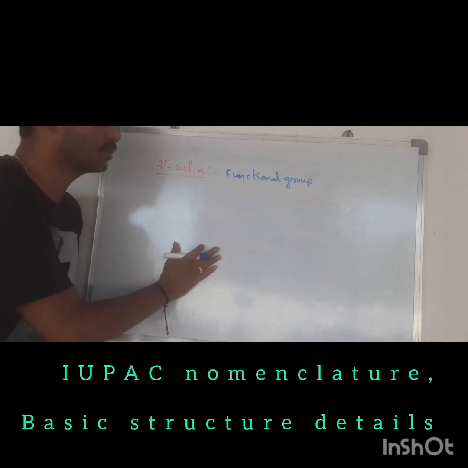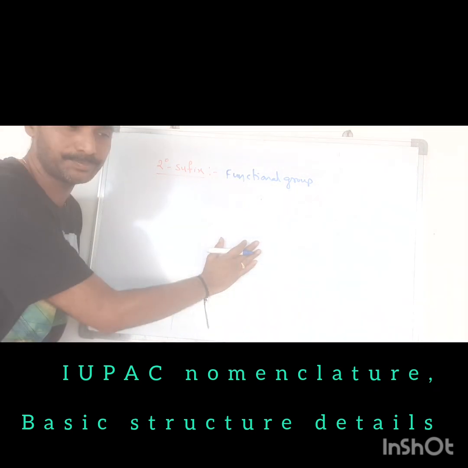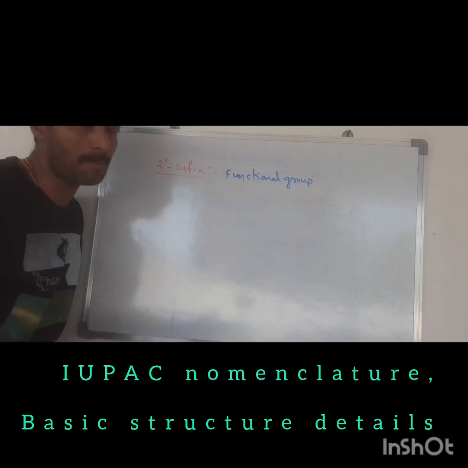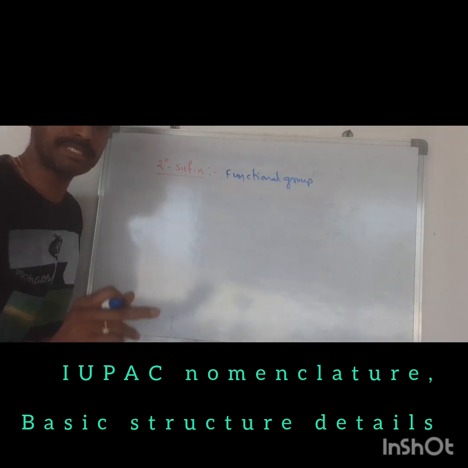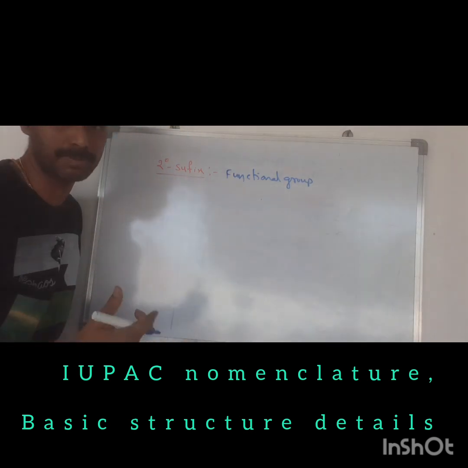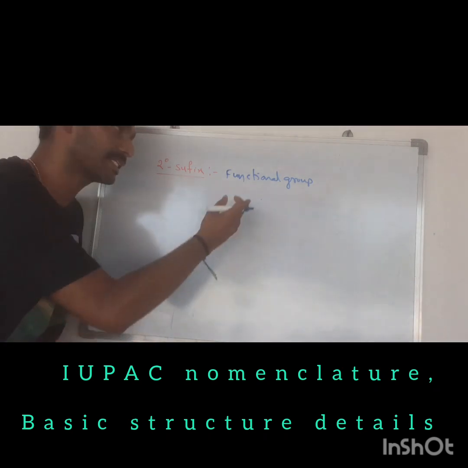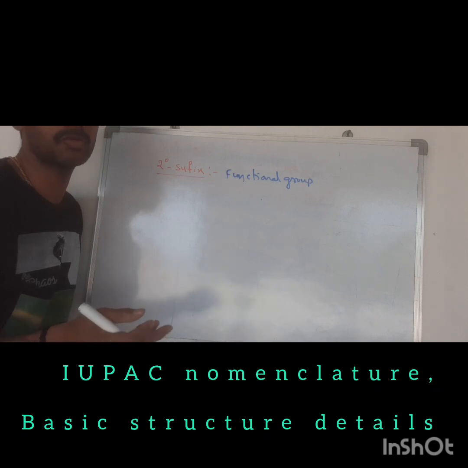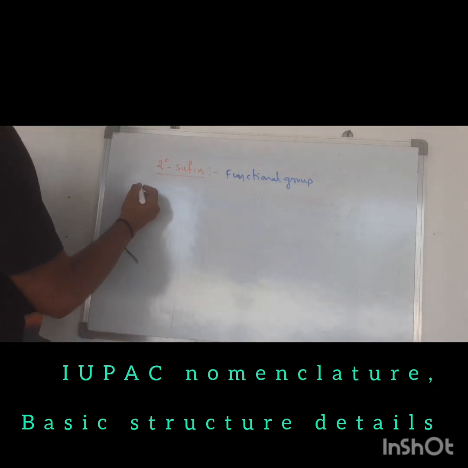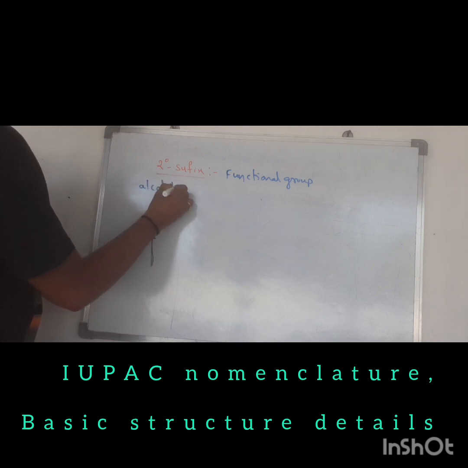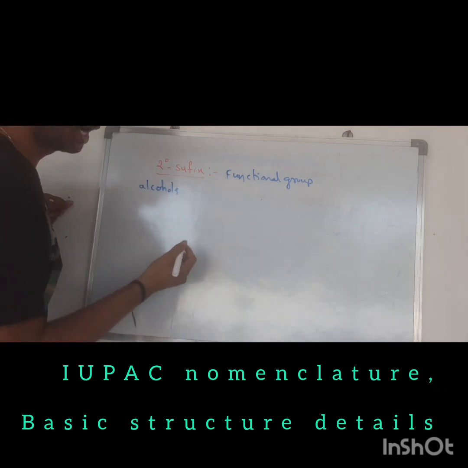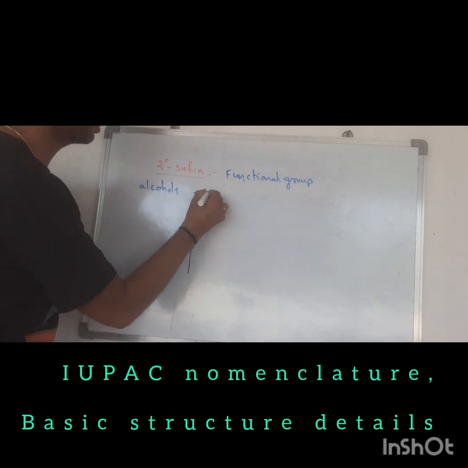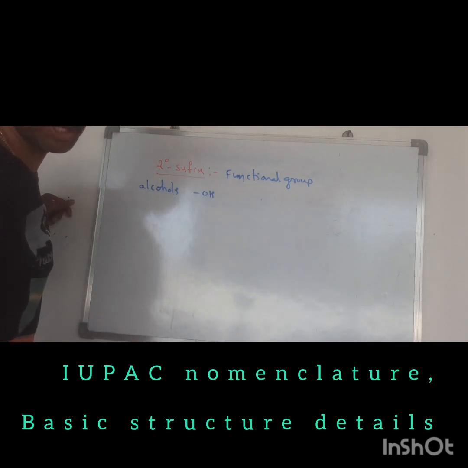Secondary suffix tells about the functional group present in a compound. It is not compulsory that all compounds have a functional group, so it is not compulsory that a secondary suffix is present in the name. If a secondary suffix is present, meaning a functional group is present, we have to use the corresponding word. For example, alcohols: the alcohol group is the OH group.